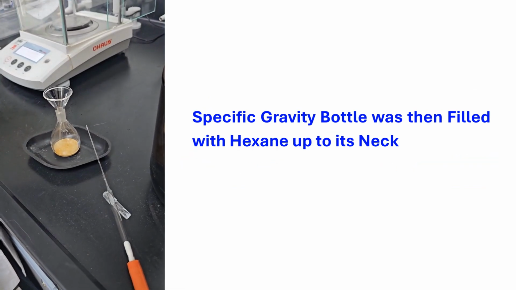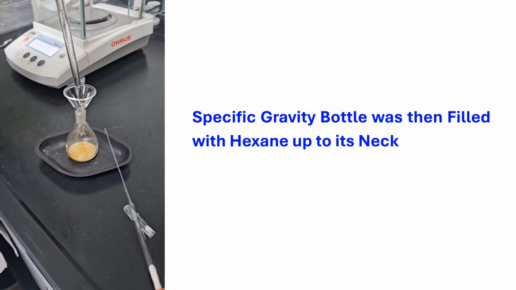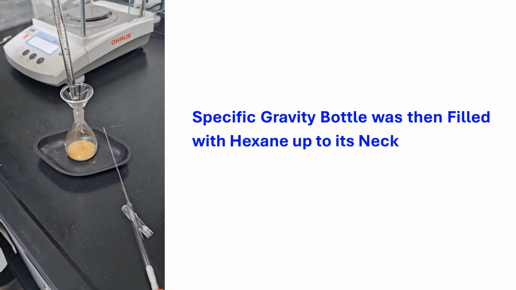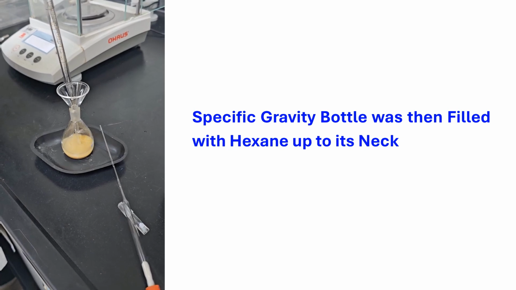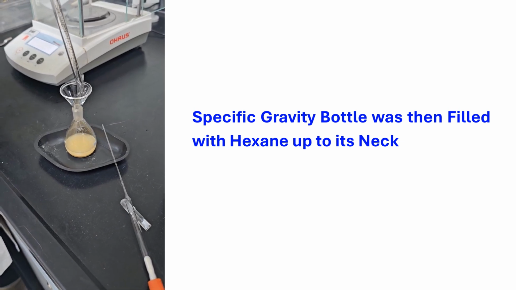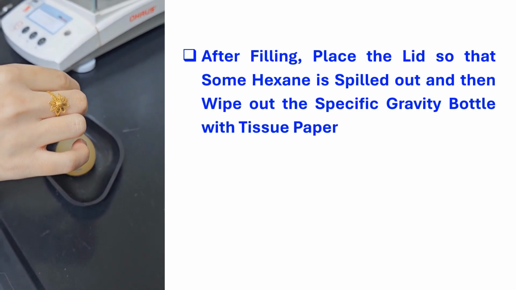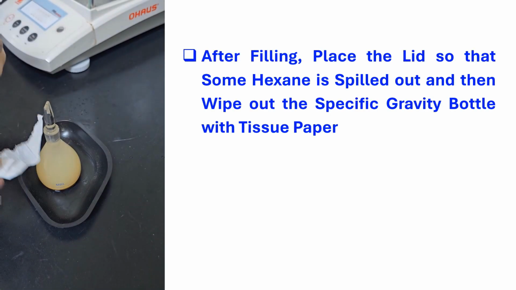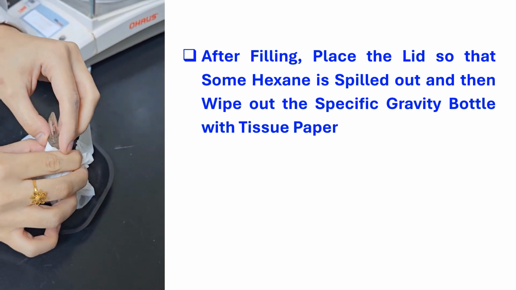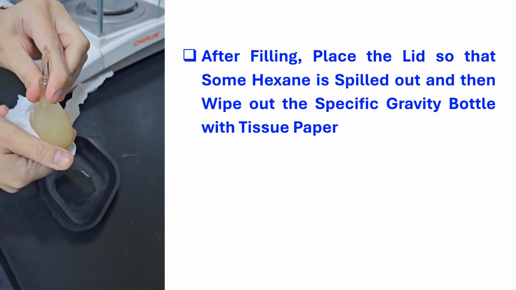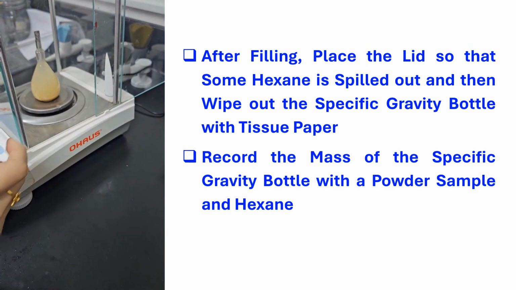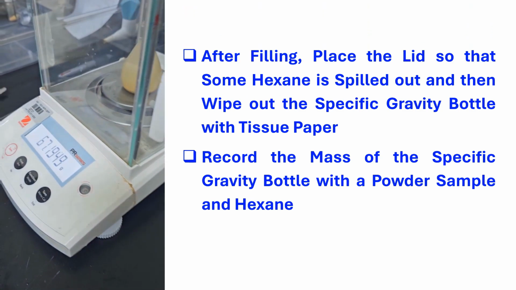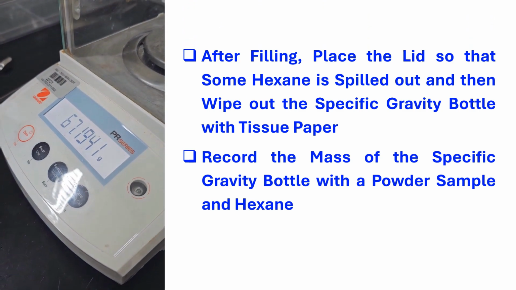A specific gravity bottle was then filled with hexane up to its neck. After filling, place the lid so that some hexane is spilled out and then wipe out the specific gravity bottle with tissue paper. Record the mass of the specific gravity bottle with a powder sample and hexane.